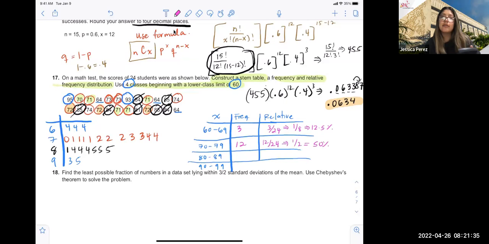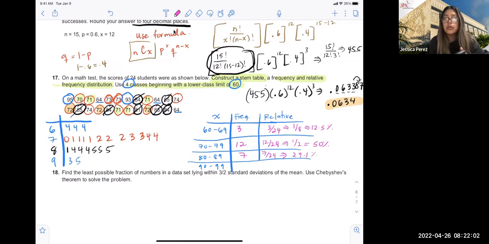You have to show me your work. Between 80 and 89, we're looking at 1, 2, 3, 4, 5, 6, 7. 7 of them. So it's 7 out of 24. That one does not simplify, but we do want to have the percentage. That looks like 29.1%.